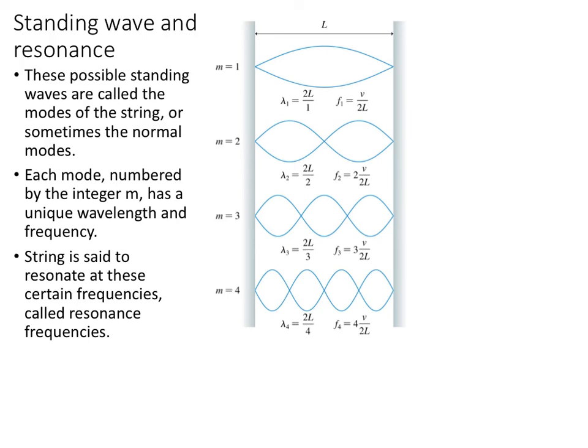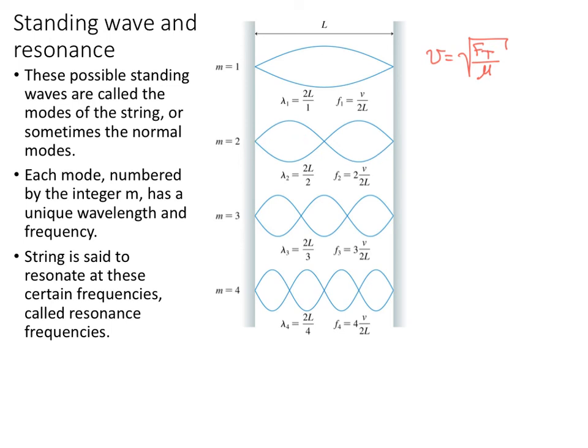So I have to have nodes at the ends. And so the lowest frequency that I can get is wave speed v over 2L. And again, remember the wave speed depends on the tension in the rope and the mass per unit length. So m equals 2 is the second harmonic.